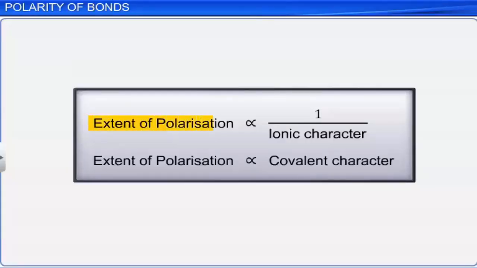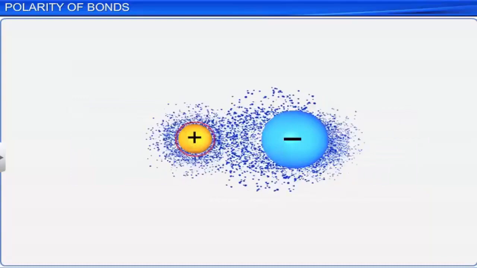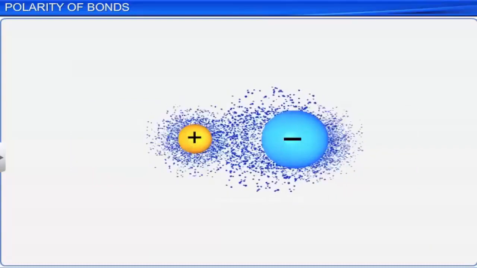If the extent of polarization is small, then the bond is more ionic in nature. If the extent of polarization is more, then the bond is more covalent in nature. The smaller the size of the cation, the greater is the covalent character of an ionic bond.